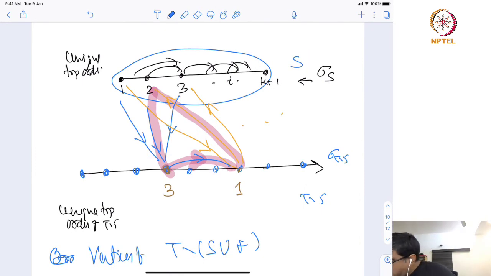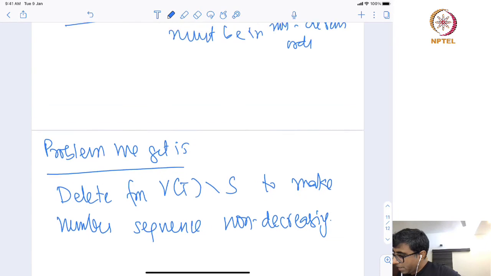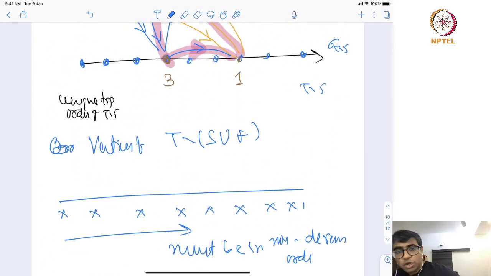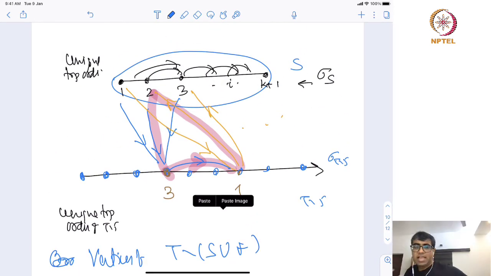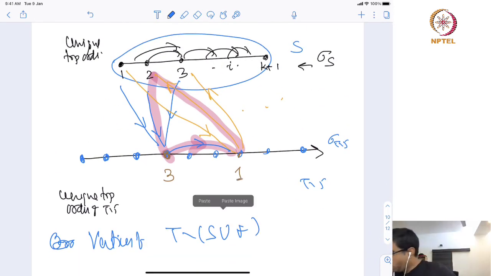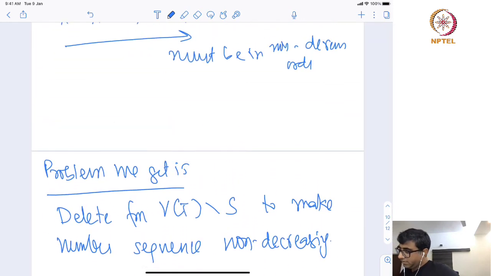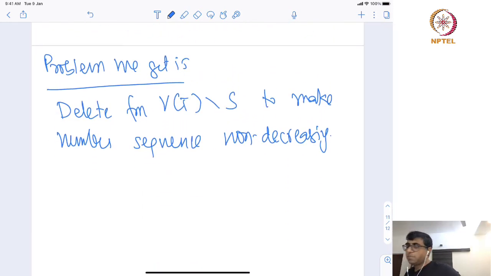Look, if from this number sequence two numbers survived such that a higher number appears before a lower number, then we get a triangle. This cannot happen. So it is always the case that my number sequence is monotonically non-decreasing, right? And if you give me any non-decreasing sequence, then I can fit this and get a tournament. So basically my problem has become: delete from V(T) minus S to make the number sequence non-decreasing.